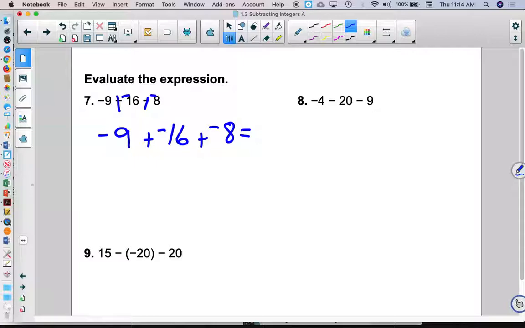They're all negative. So I keep that sign, right? And I add them up. What is 9 plus 16? 25 plus 8 more. 33. I keep the negative sign. -33.